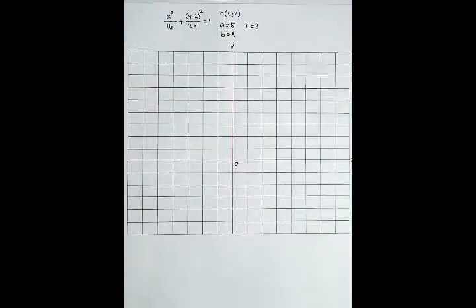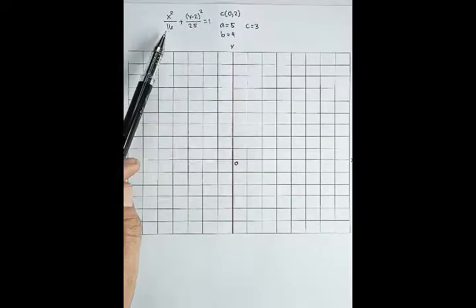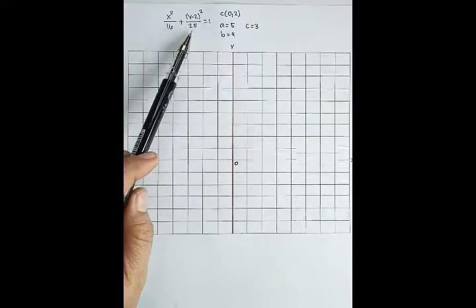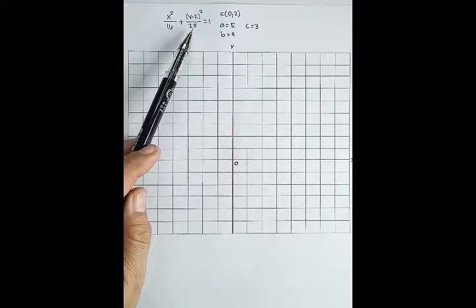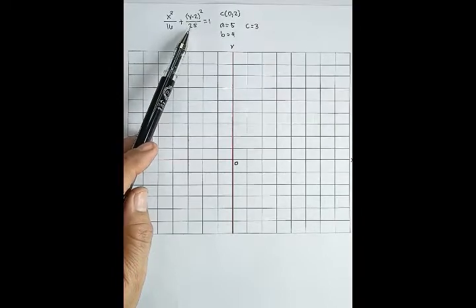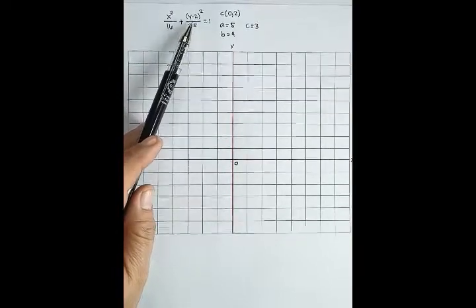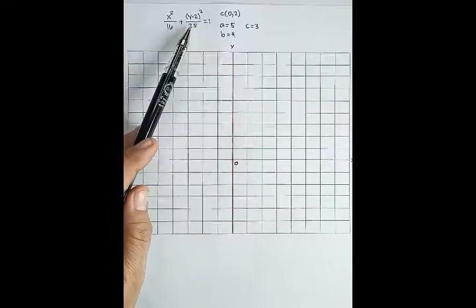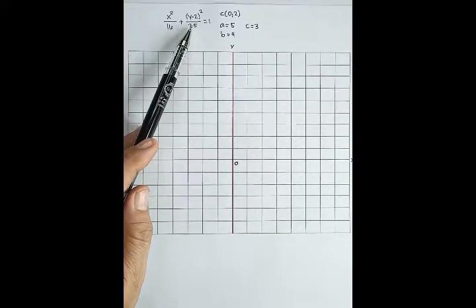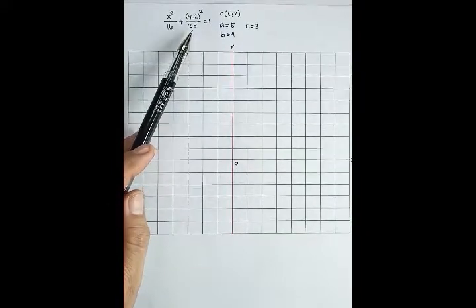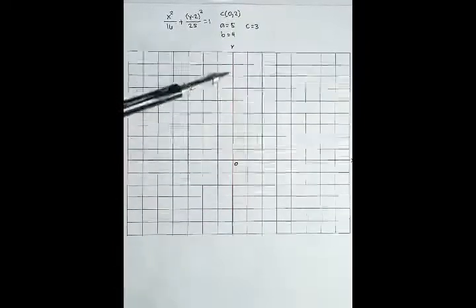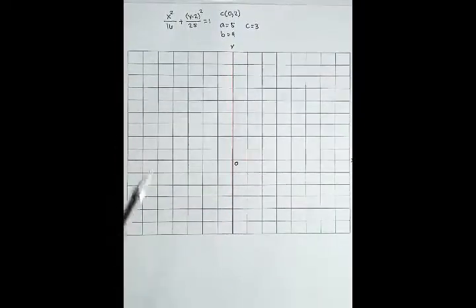And then comparing the denominators of x squared and y minus 2 squared, the denominator of y minus 2 squared, the y part, is bigger. So it means our ellipse is vertical. It is along the y-axis.